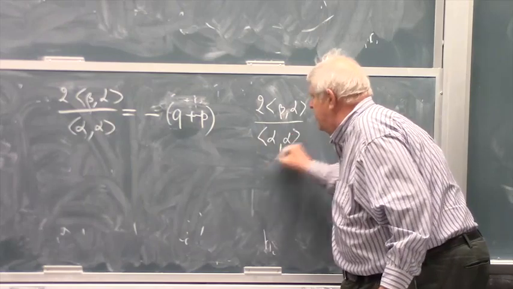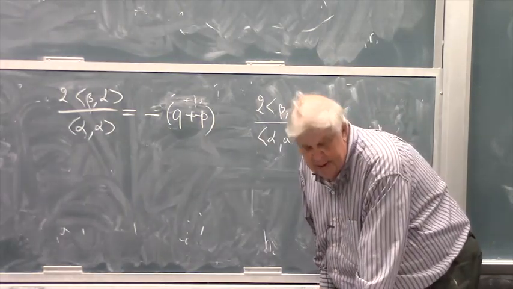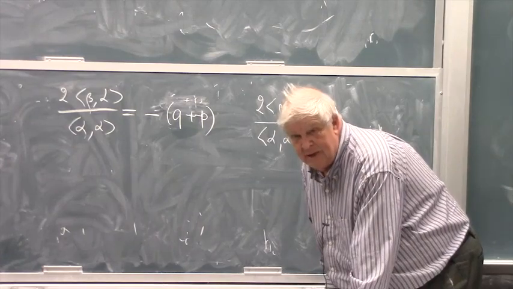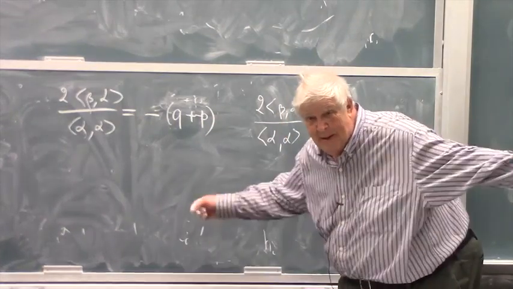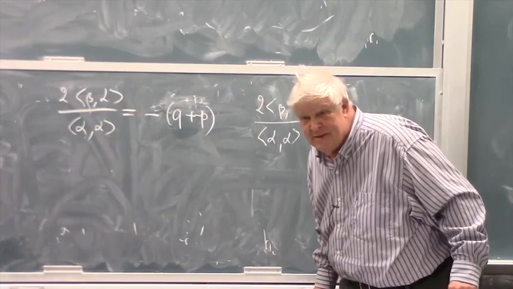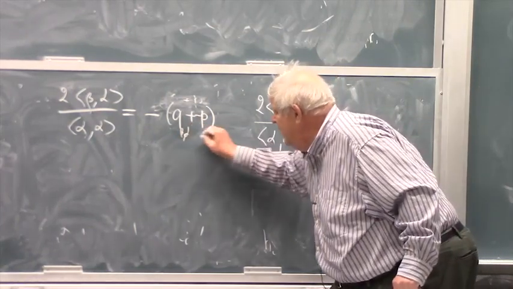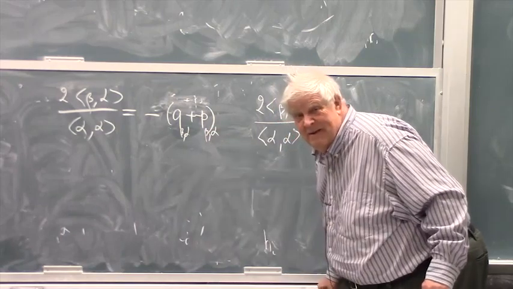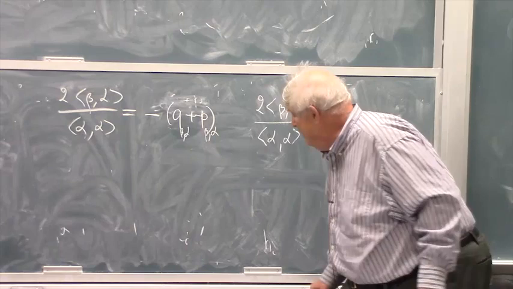So this formula holds for absolutely any two roots, beta and alpha. Q and P depend on beta and alpha. It is the numbers which appear in this series of roots. So I can write here Q beta alpha, P beta alpha. But otherwise it's true for any two roots, absolutely.